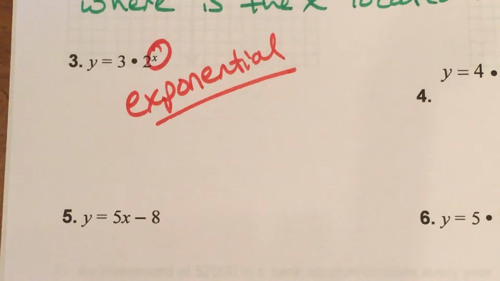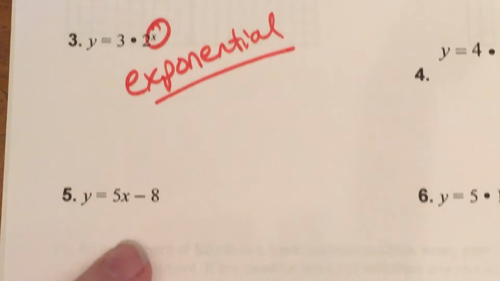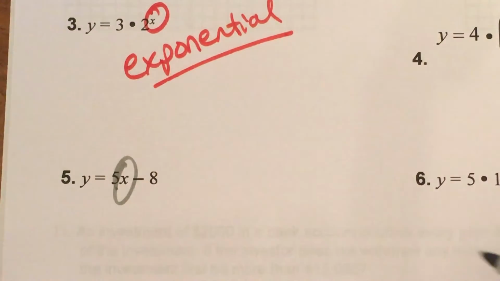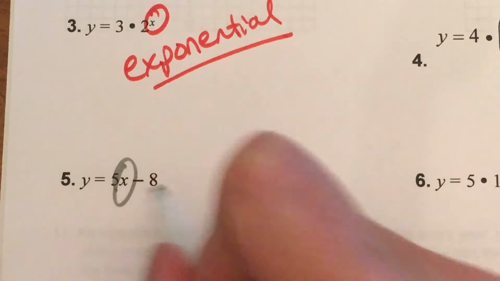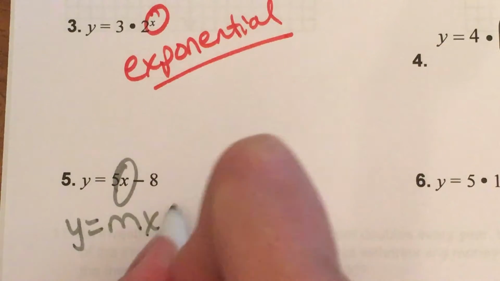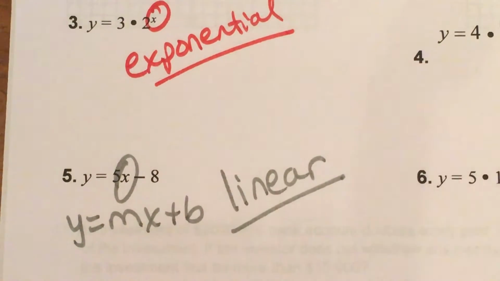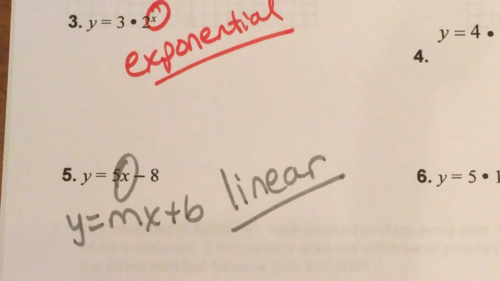Exponential, that's right. What about number 5? Where is this x located? Circle it. Yep, there it is. Y equals mx plus b. This is linear. Easy, love it.